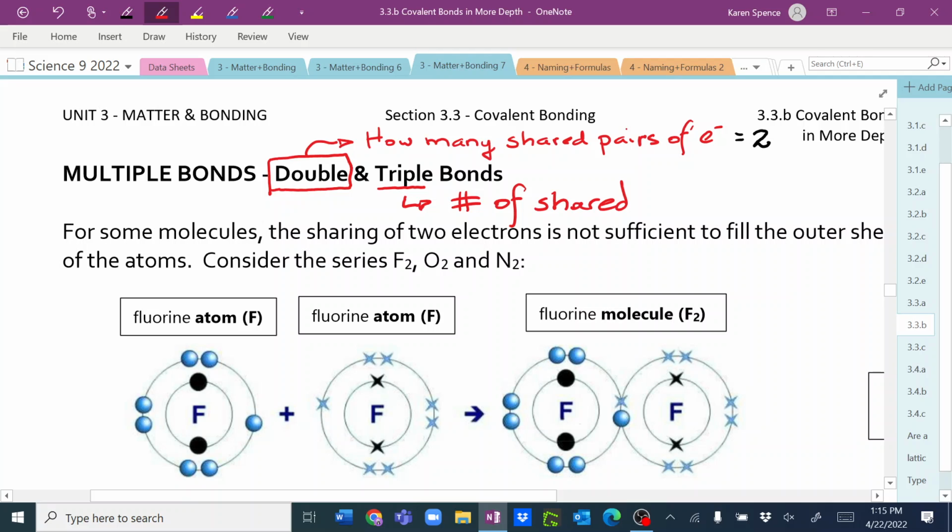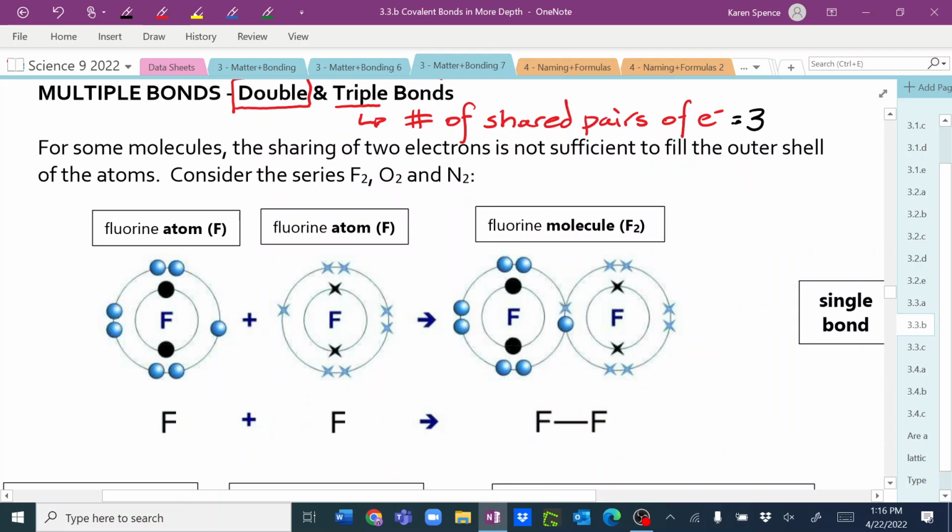So for some molecules, the sharing of 2 electrons is not sufficient to fill the outer shell. So let's consider the series of F2, O2, and N2. We start with a fluorine atom. We add to it another fluorine atom.